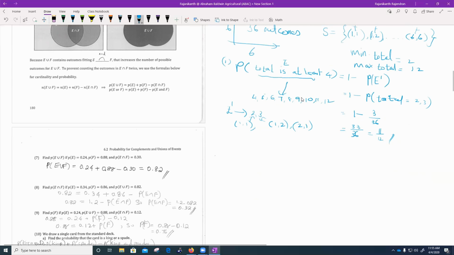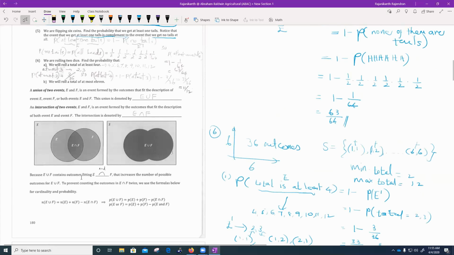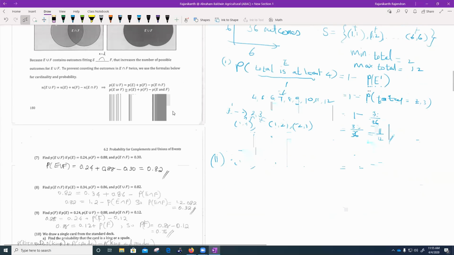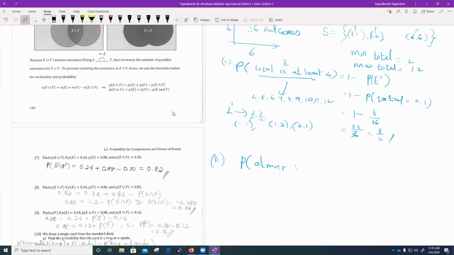Okay, so now let's move to part 2. We will roll a total of at most 11. Okay, now here, the probability of at most 11. If this is my event E, what are the possible values you could have? At most, maximum 11. So the smallest possible is 2, 3, all the way up to 11, right? But it is very easy for us if you convert into the complement formula.